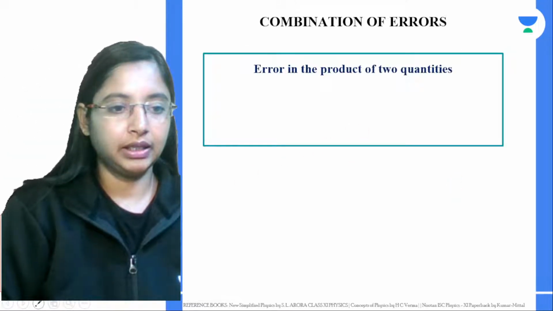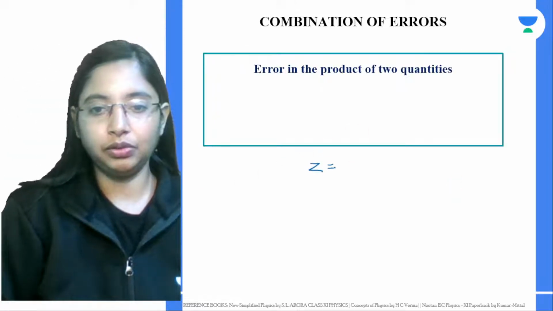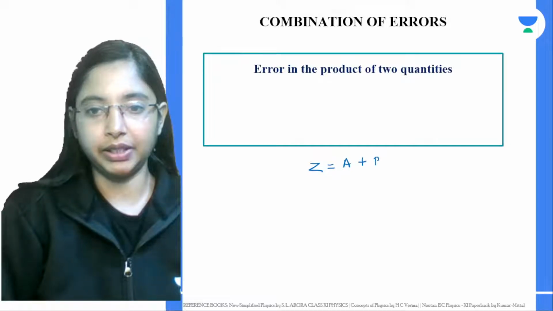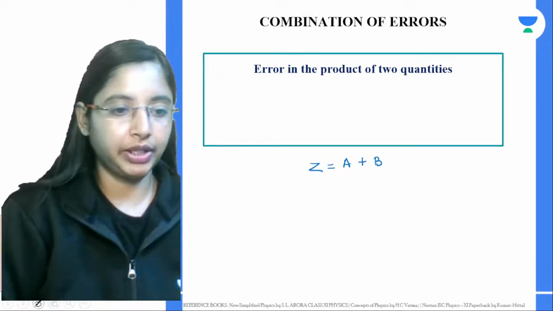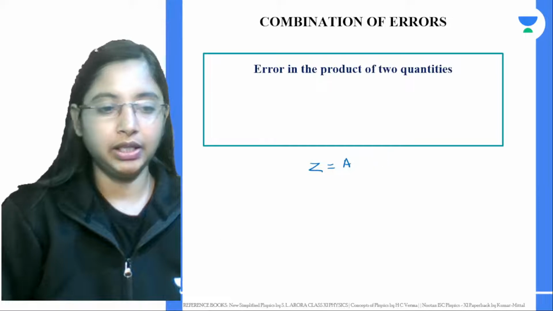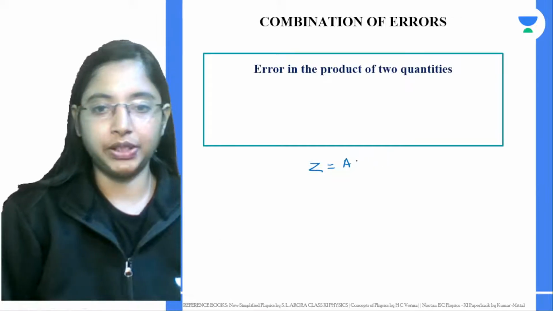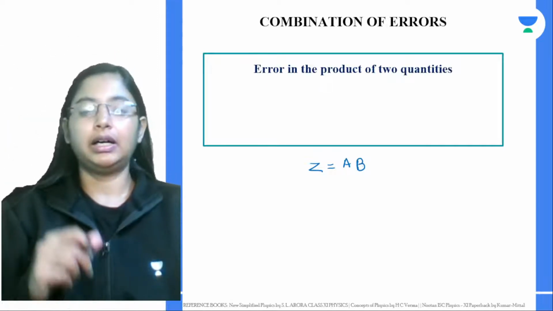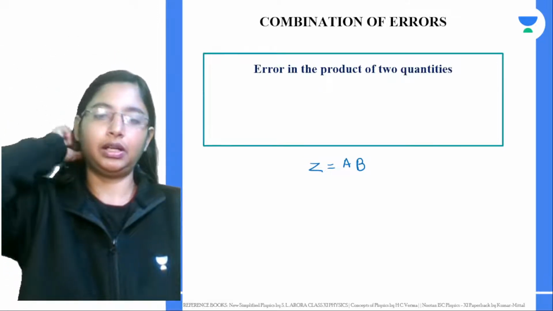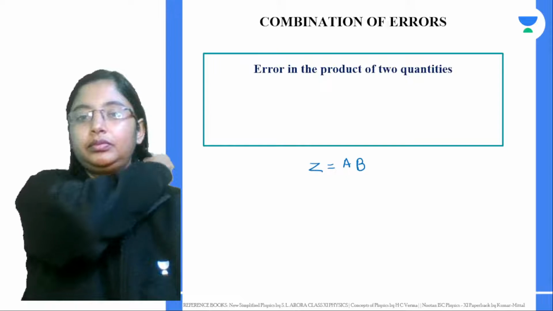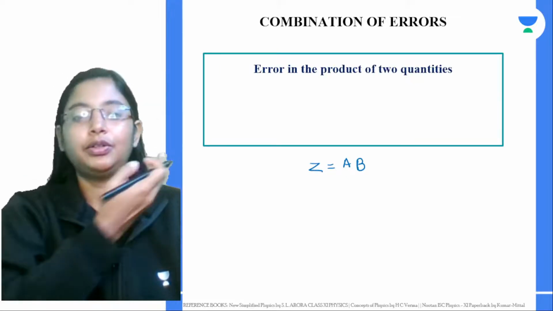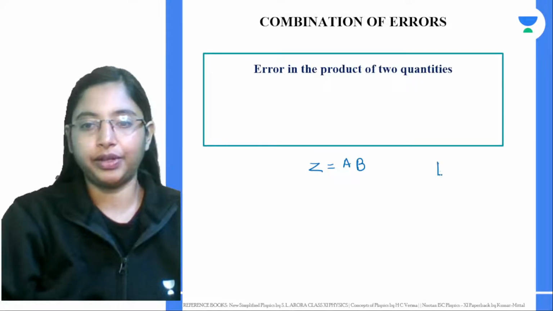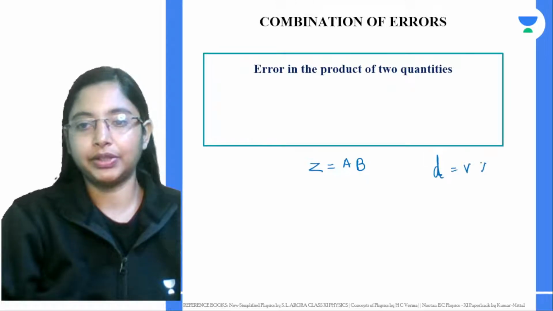Let's say Z is equal to A plus B. Sorry, this is a product, right? Z is equal to A into B. You multiply. Here, let's say you're trying to find that displacement is equal to velocity into time.